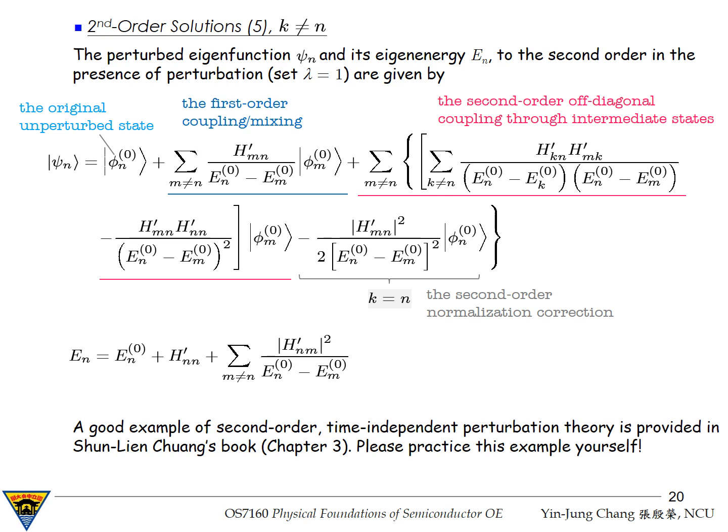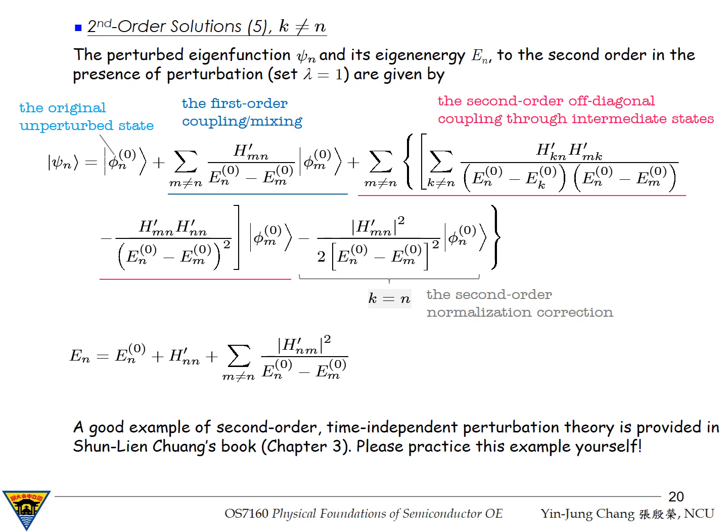So this final slide also makes it clear why the non-degenerate assumption matters. Every denominator contains energy differences such as E sub n naught minus E sub m naught. If one of those becomes 0, the entire non-degenerate derivation breaks down, and degenerate perturbation theory is required.